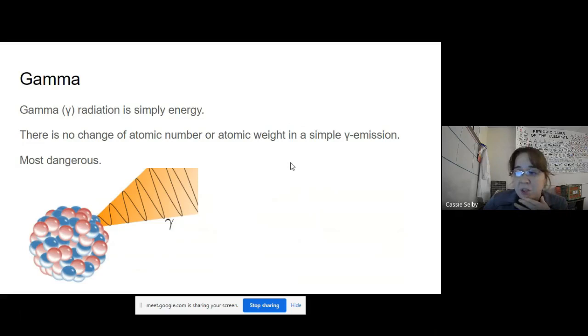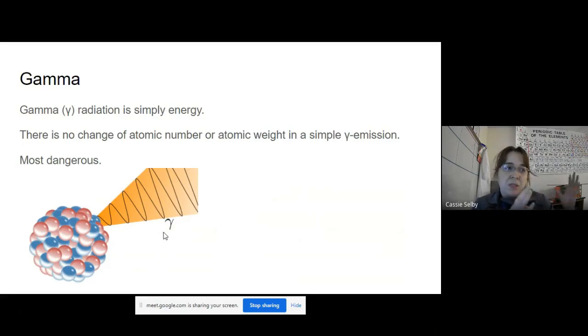Gamma radiation is always depicted with this, and generally you have a little 0 and a little 0. That's what it looks like when it's written out in an equation. You don't have any missing protons, and your mass number doesn't change at all.